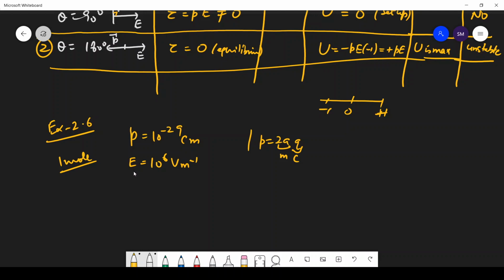The direction of the electric field is suddenly changed by an angle of 60 degrees, so delta theta is 60 degrees. So the direction of the field is changed.